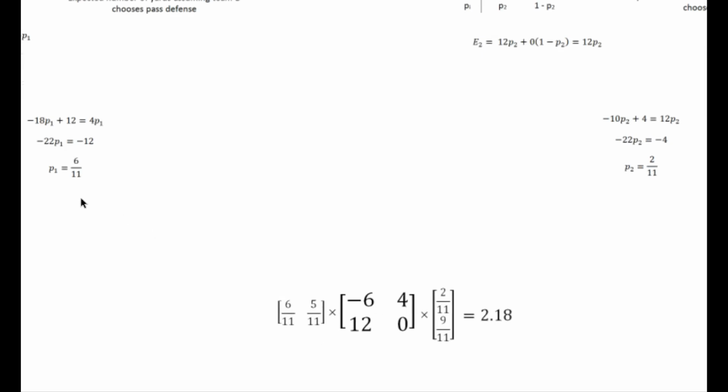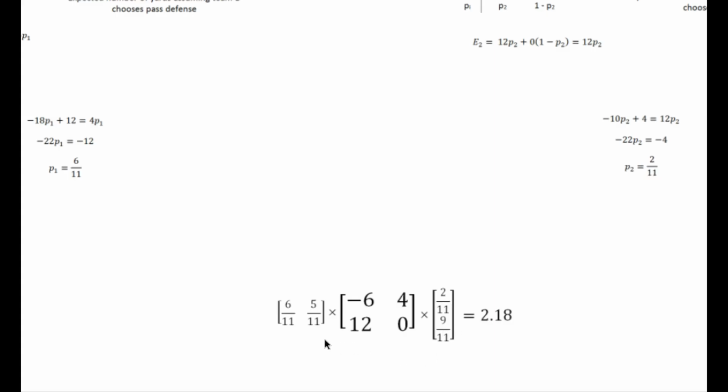We first found that Team A should run the ball 6/11 of the time, and so they should pass the ball 5/11 of the time. We found that Team B should choose a run defense 2/11 of the time, which of course means they should choose a pass defense 9/11 of the time.